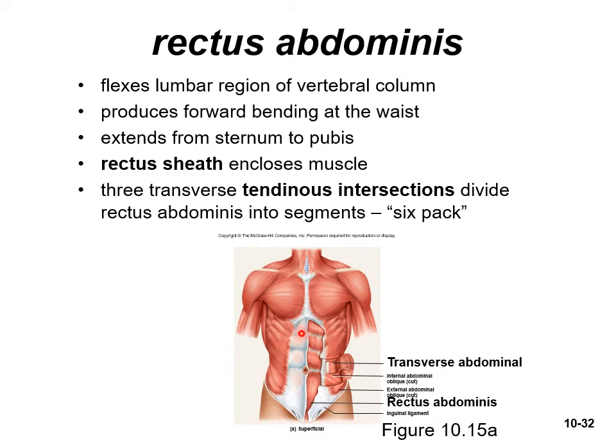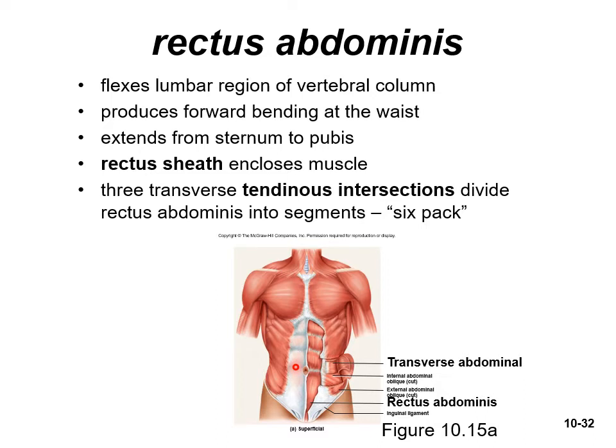And in that rectus sheath, you also have three tendinous intersections, which is what gives you those lines of your six-pack. All of this is tendon-like, made of dense regular connective tissue. So you have an aponeurosis rectus sheath over the whole rectus abdominis, and then you've got tendinous intersections across that rectus abdominis.